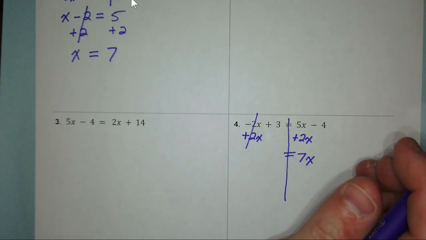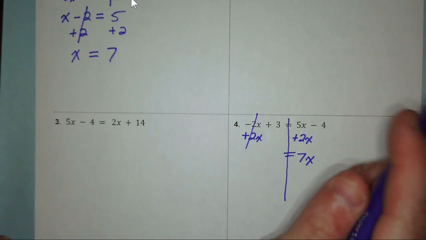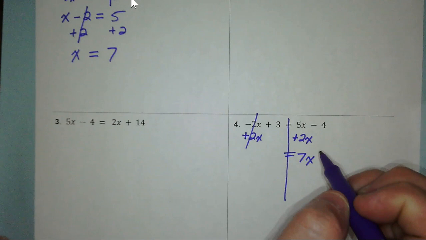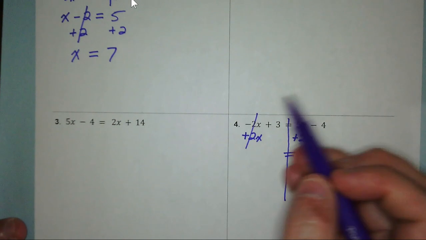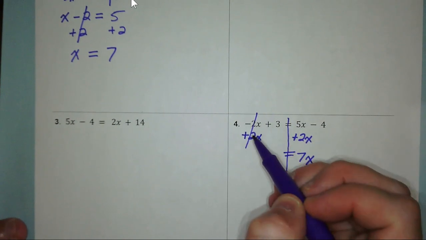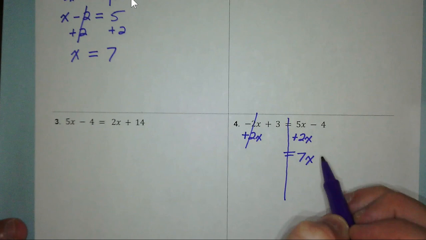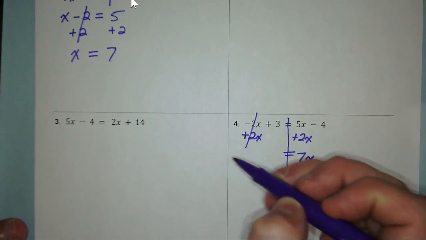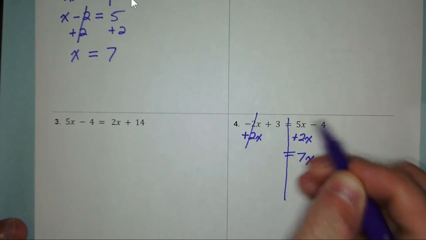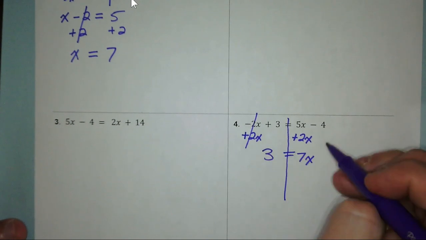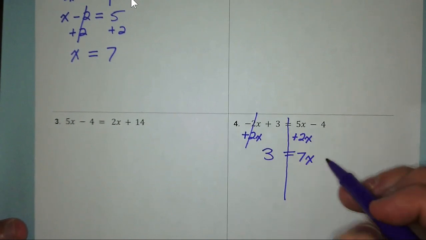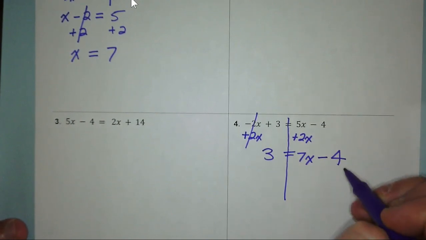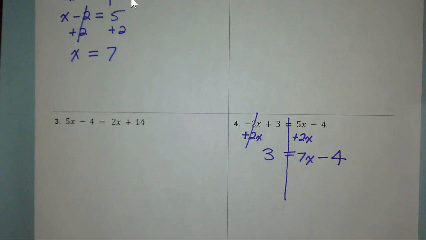You'll get the same answer at the end of it all. But anyway, I hope I'm making some kind of sense. I think a lot of people would rather end up with a positive 7x over here than a negative 7x over here. But anyway, everything else drops down. The positive 3, this minus 4. So now that's where we're at.